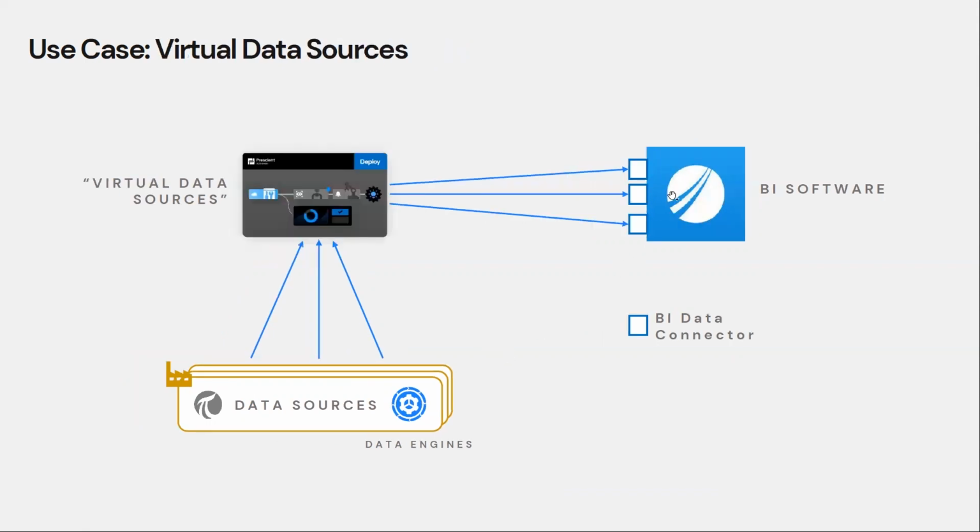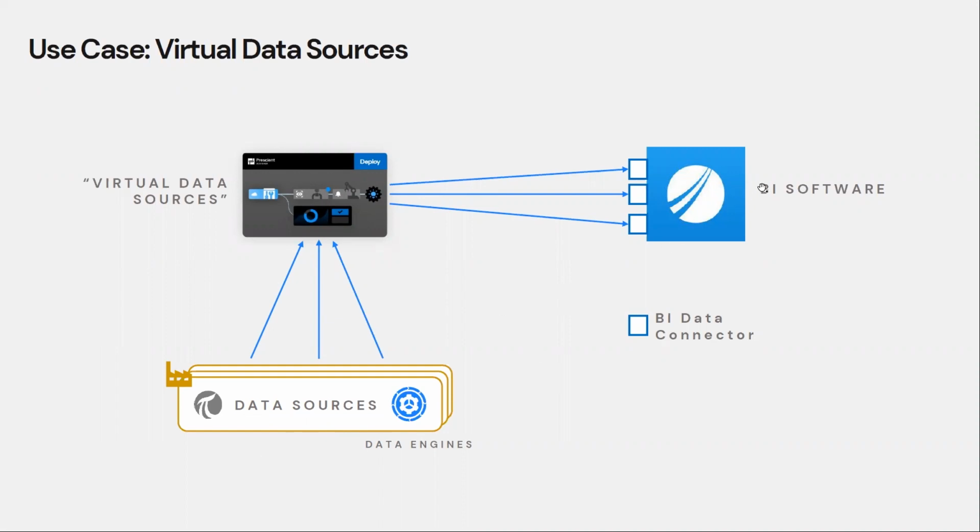But in this case, looking from the BI software's perspective, it's able to access all of the data sources, because each BI software data connector is connecting to what it thinks is the data source, even though that really is a virtual data source that relays the BI data connector commands to the actual data sources, which may be distributed in many different locations.